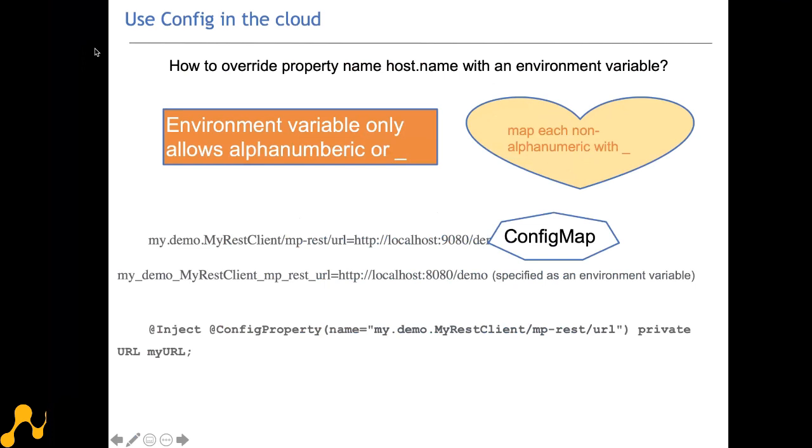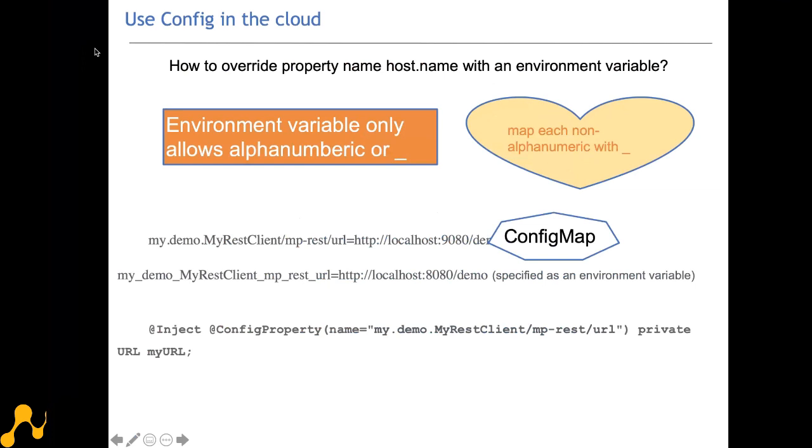_mp_rest_URL. In your code, you can directly inject your property, and you only know your property name is my.demo.myRestClient/mp-rest/URL, and you inject it easily here.